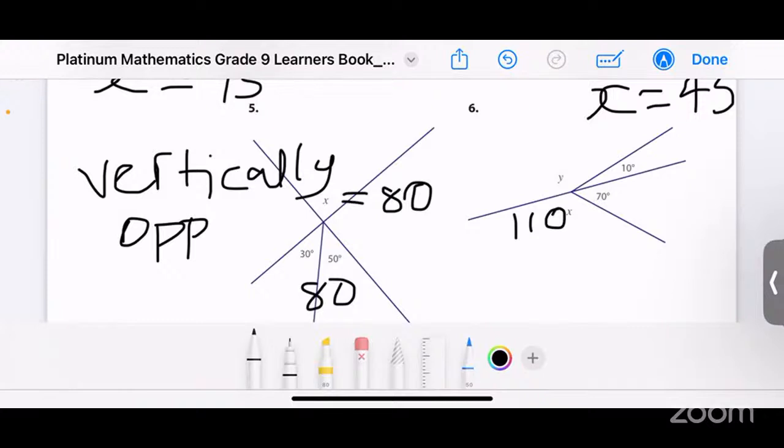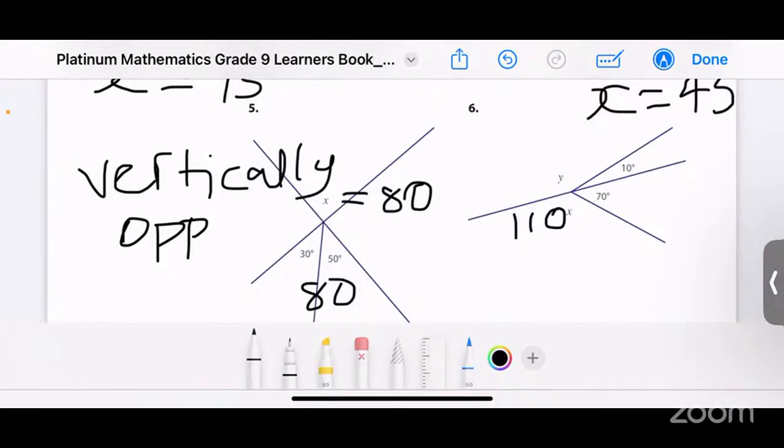And then y, what is the value of y? Ma'am, am I correct to say we must minus 100 from 180 and then the answer for y will be 170?